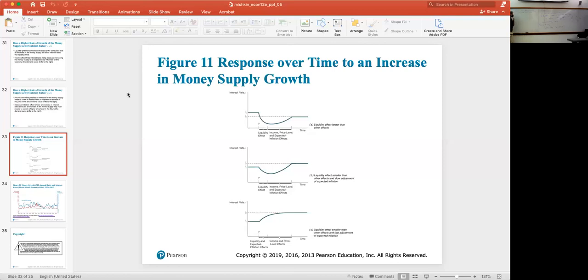When central banks have market confidence that they are committed to keeping inflation low, then the liquidity effect is greater than the expected inflation effect.